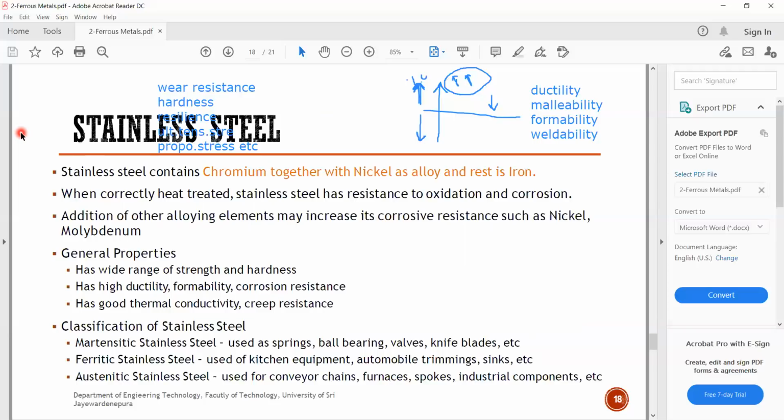Let me explain this. See, this y-axis is the corrosion rate, right?